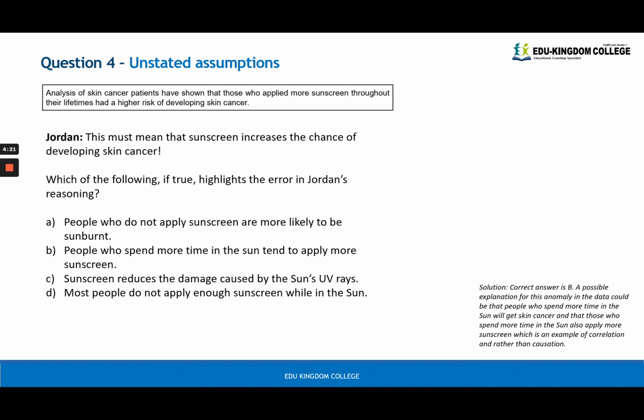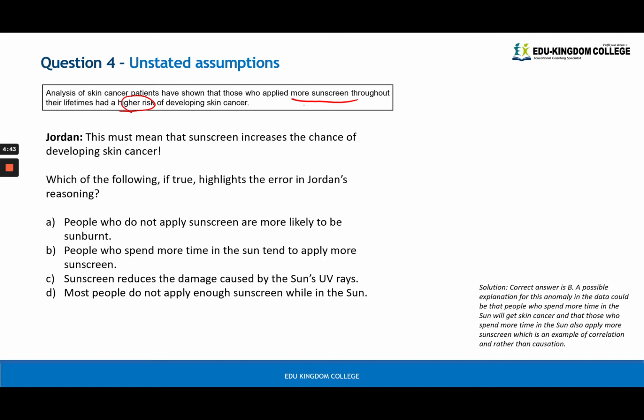Alright, next one. Analysis of skin cancer patients has shown that those who apply more sunscreen throughout their lives have a higher risk of developing skin cancer. More sunscreen equals higher risk of skin cancer. Jordan says this must mean that sunscreen increases the chance of developing cancer. Now, this is not true.